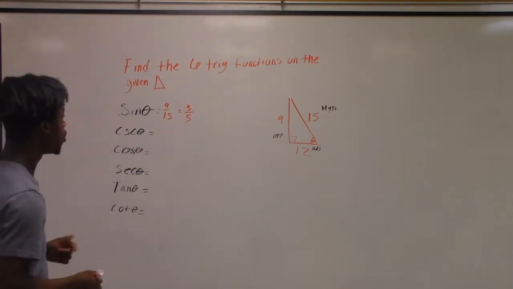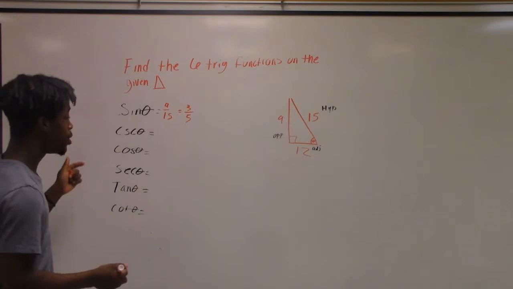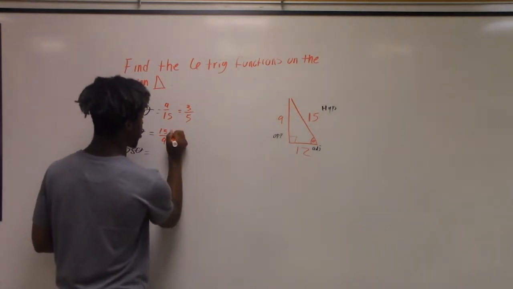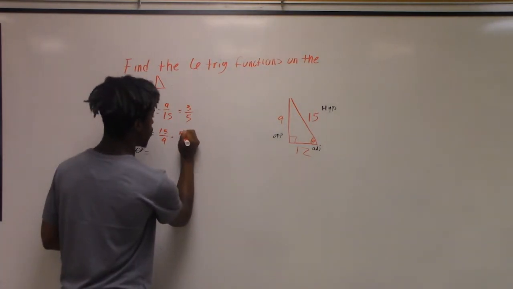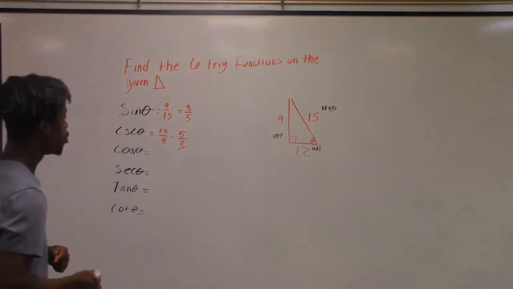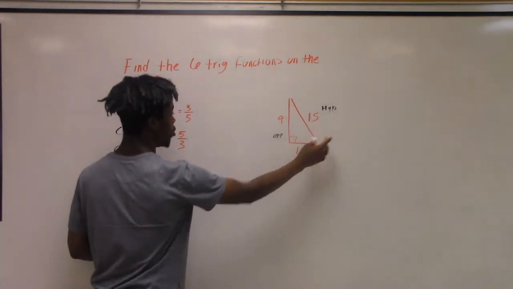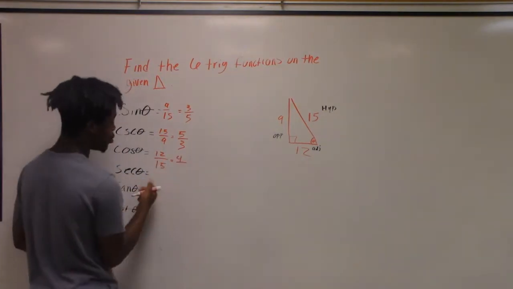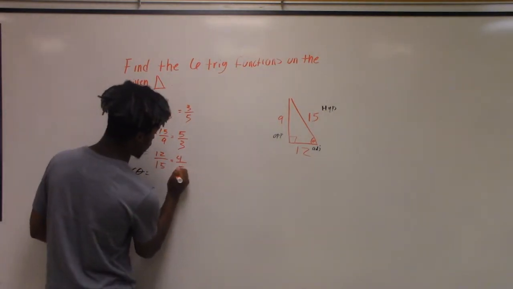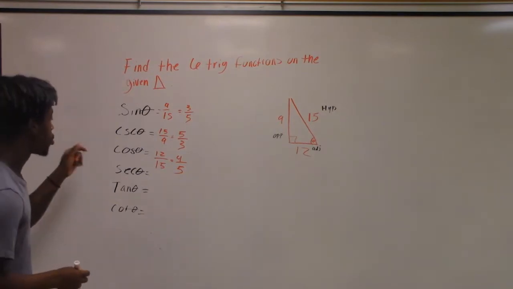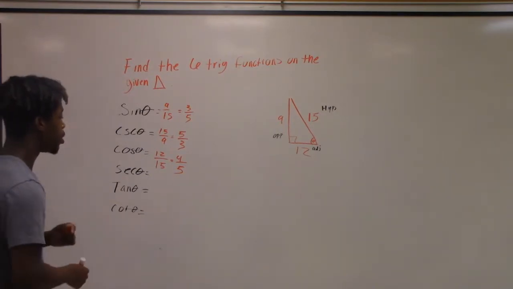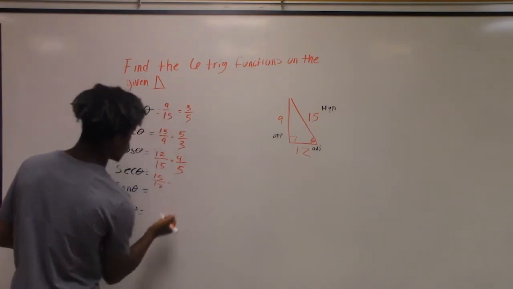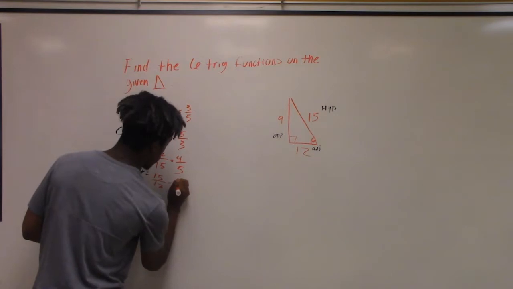The reciprocal of sine is cosecant, which would be 15 over 9, which is reduced down to 5 over 3. Cosine is the adjacent side over the hypotenuse, which is 12 over 15, reduced to 4 over 5. The reciprocal of cosine is secant, which is 15 over 12, which is reduced to 5 over 4.